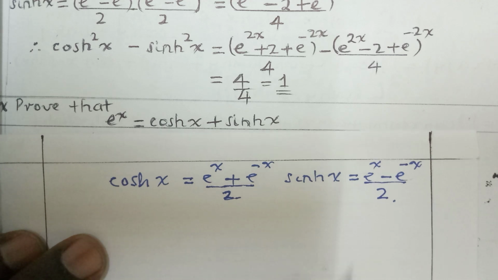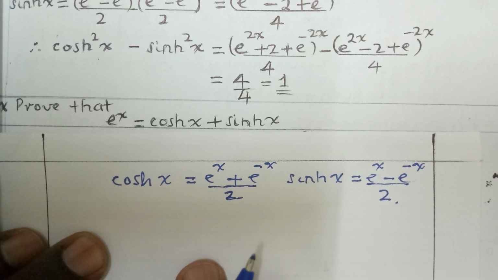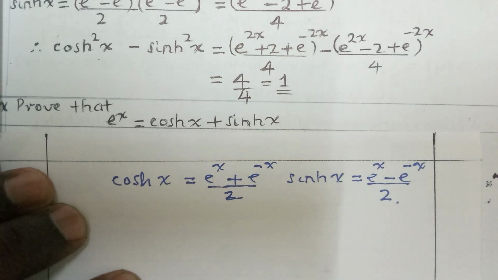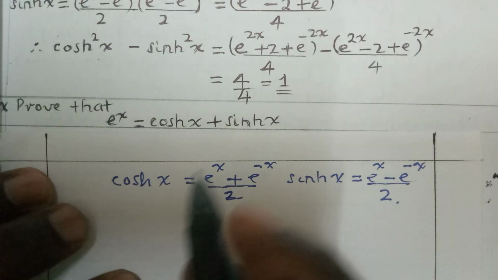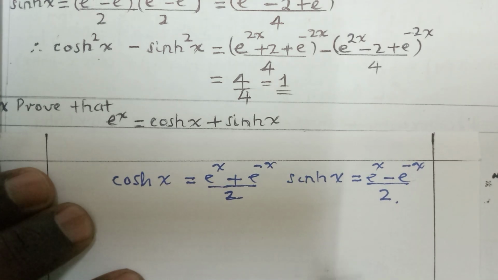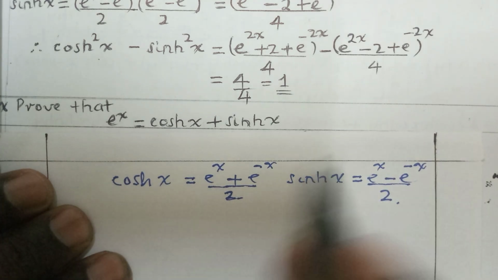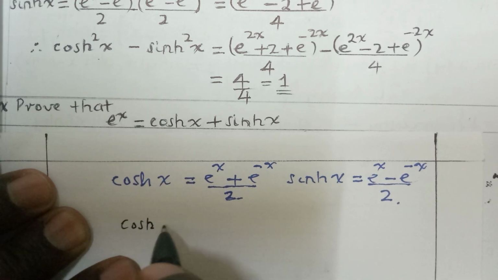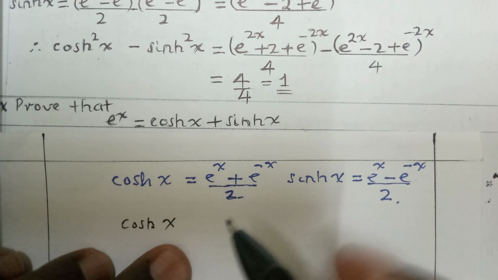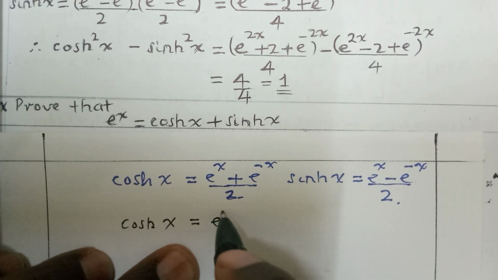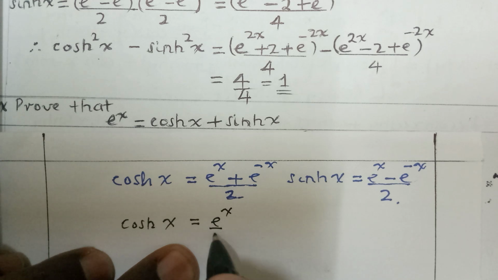And so guys, we can actually now come and modify this equation. Instead of writing like this, we can actually write like this. We say cos hyperbolic x is equals to e raised to x over 2.